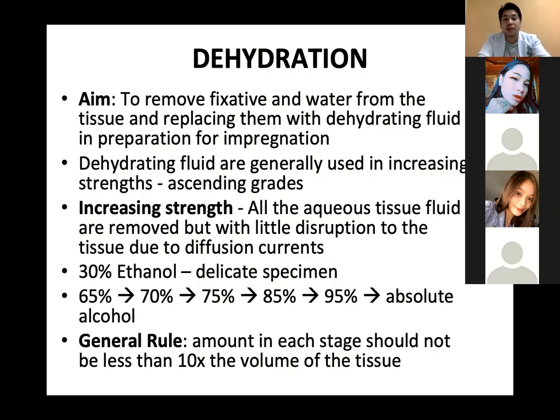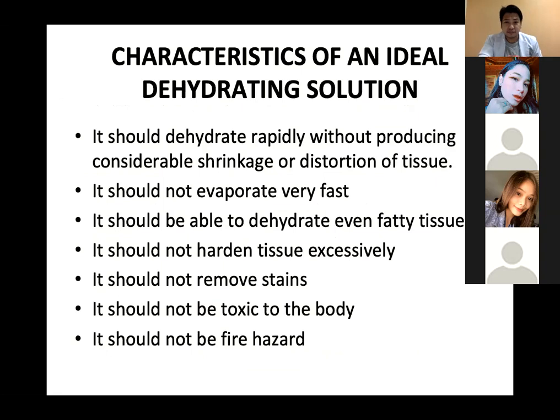For the general rule for dehydration, the volume of the dehydrating fluid should be at least 10 times the volume of the tissue, to allow good dehydration of the tissues. What are the characteristics of an ideal dehydrating solution?